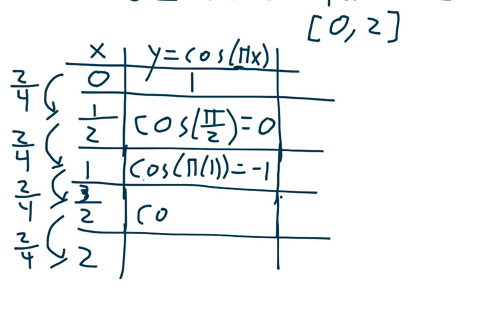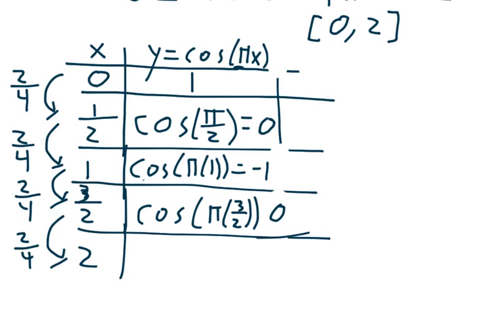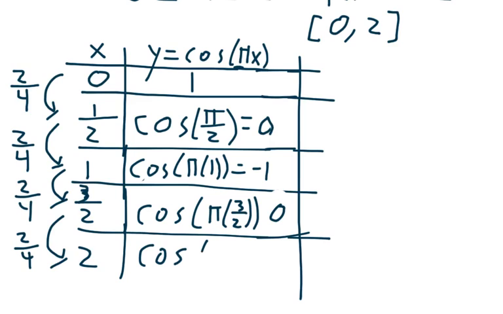Here we have cosine of pi times 3 over 2. So that's cosine of 3 pi over 2, which is, again, 0. Let me just fix this up just to make it look nicer, like so. And then finally, we have cosine of pi times 2, and that's equal to 1.